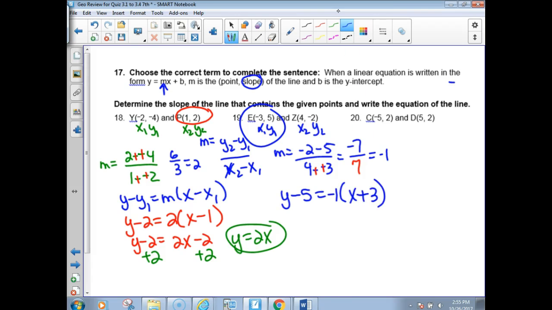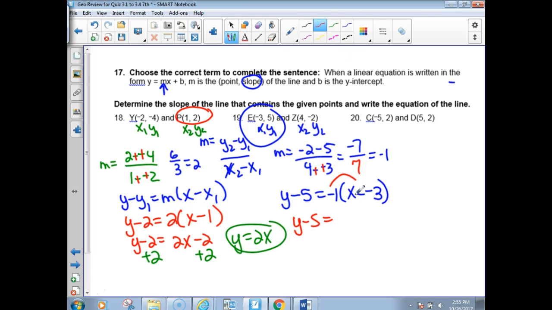plus 3. Uh-oh, where'd that plus 3 come from? Because I had to do minus a negative 3. Distribute the negative 1. Maybe I should have written that. I'll write it over again because I don't want to confuse anybody. This would be the x minus negative 3.